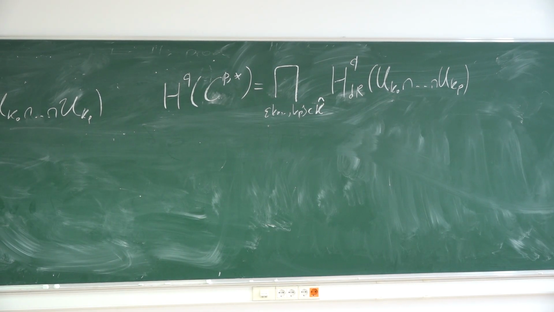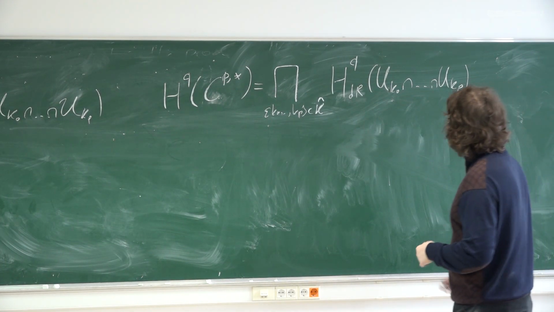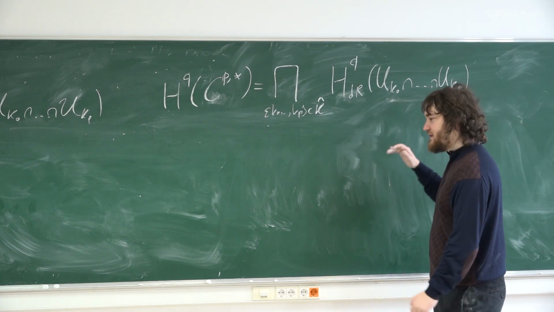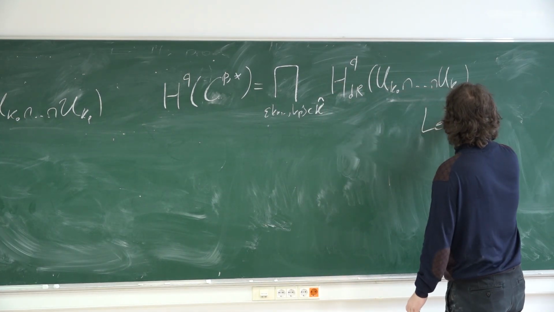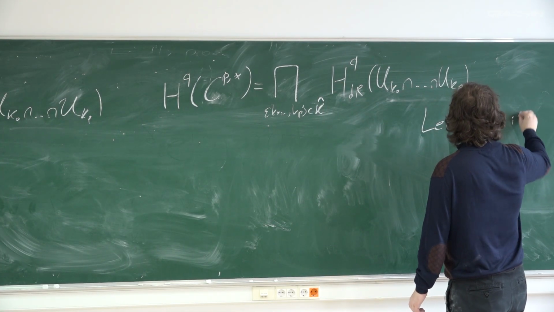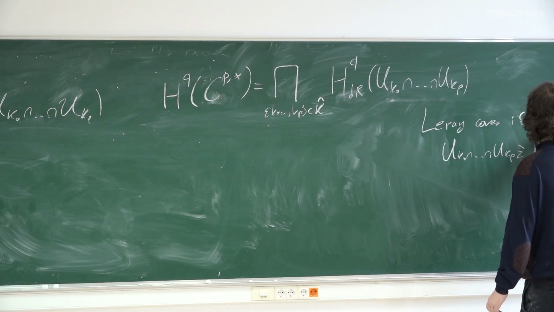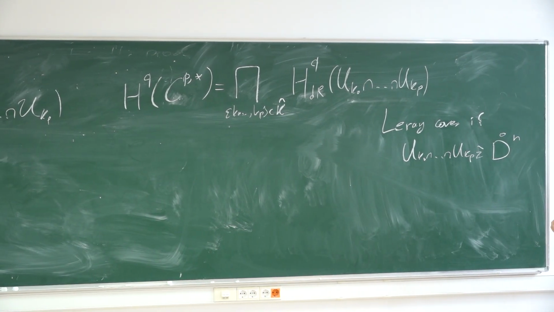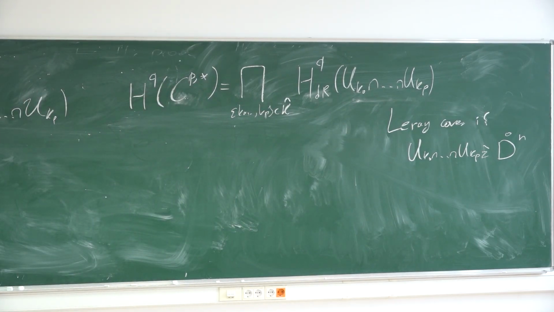Now, a cover of a smooth manifold is called a Leray cover if all non-empty intersections are diffeomorphic to open balls. Such covers always exist, and moreover you can embed into any cover such a smaller cover, something like geodesic balls.